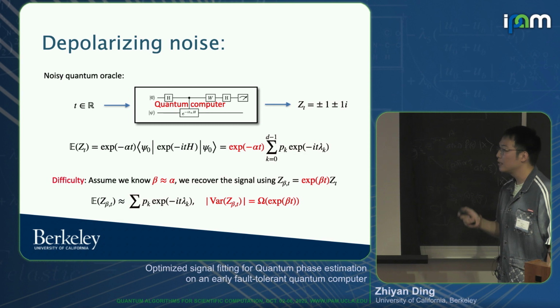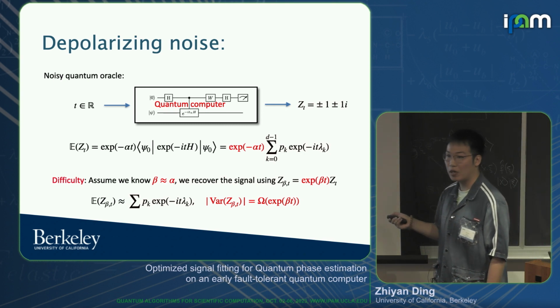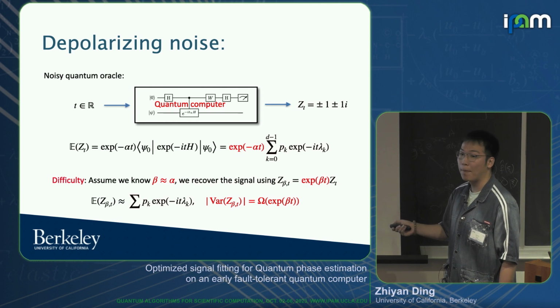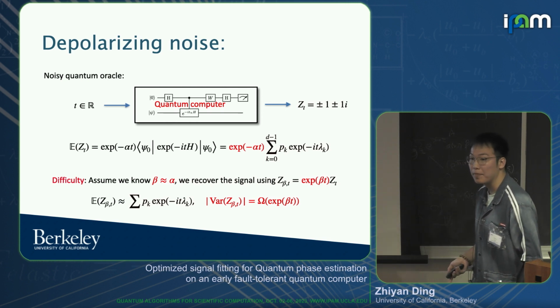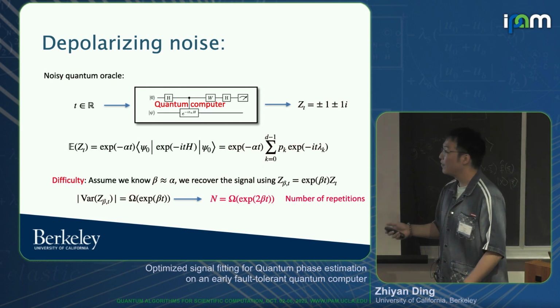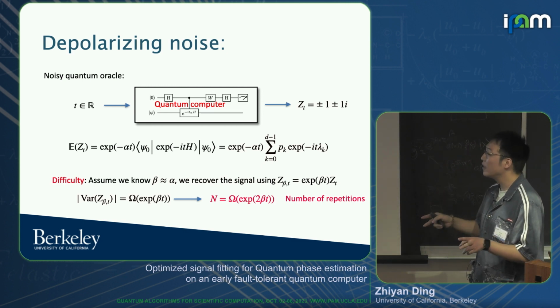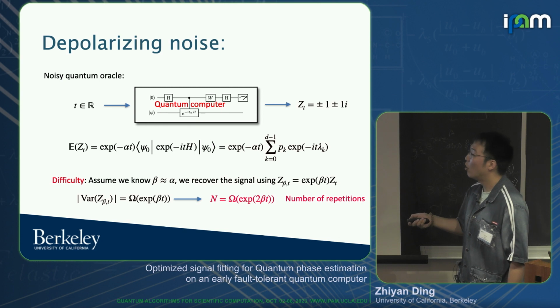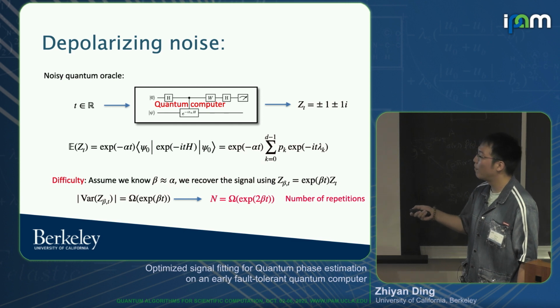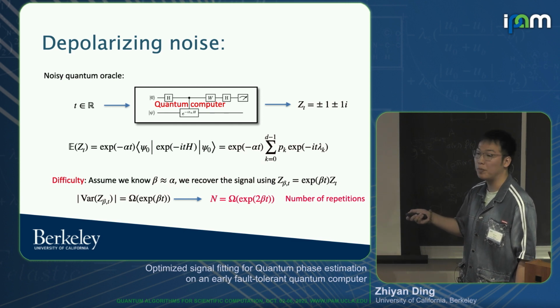However, the bad thing is if you calculate the variance of this CT, it will depend exponentially on beta, or like alpha. Intuitively, this means that to overcome this variance and get a good approximation to this expectation, the number of repetitions you need, capital N, is exponential in beta t.